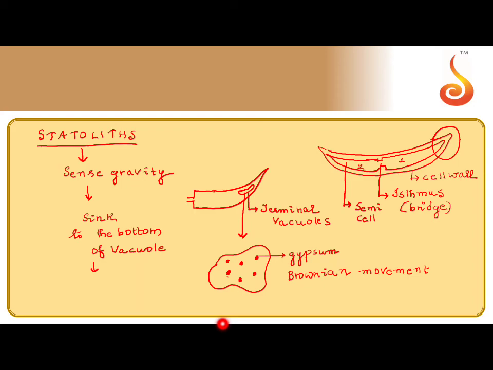This is a planktonic character, floating on the surface. And the gypsum crystals in the terminal vacuole act as statoliths, which will help the organism to judge the gravity as per its nutritional need to float on the surface of the water. This is all about gypsum crystals.